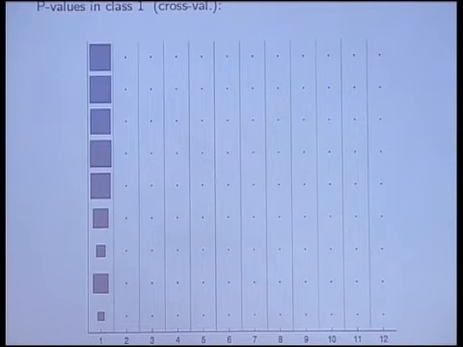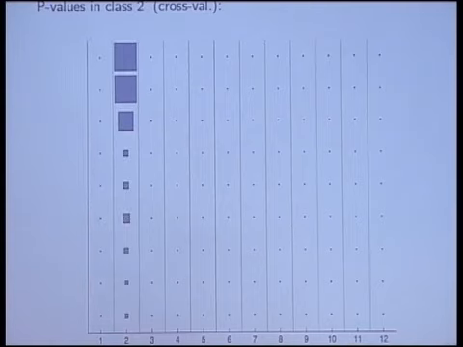These rectangles are just the p-values. For each observation you see 12 different p-values, and the area of the rectangle is proportional to the number. You see all observations in class 1 have a high p-value for class 1 and very small p-values for the other classes.